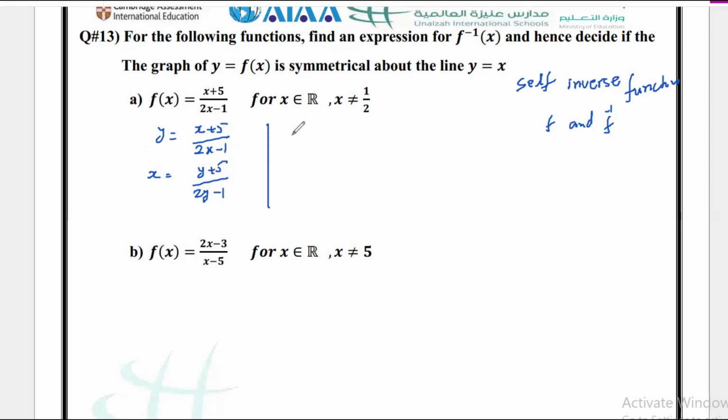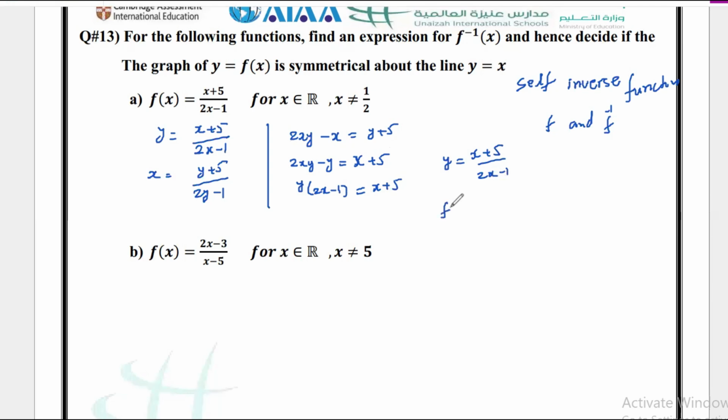And then 2xy minus x is equal to y plus 5. Just bring the y values together, like 2xy minus y is equal to x plus 5. We can take y as common, so y times 2x minus 1 is x plus 5, and then y is equal to x plus 5 over 2x minus 1.